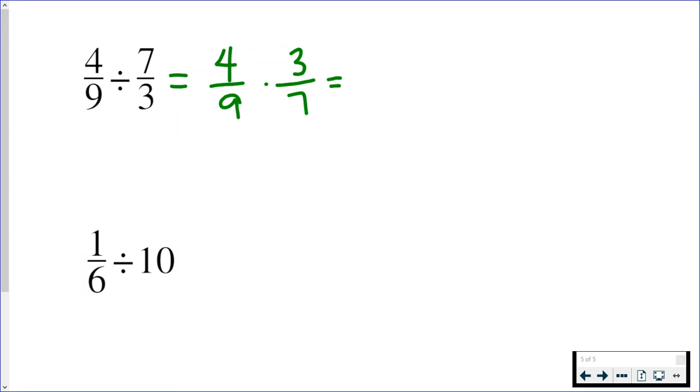So I keep 4/9. I change division to multiplication. I flip 7/3 and it becomes 3/7. And now I can multiply straight across. Again, if you're not comfortable with fractions, I would recommend just multiplying straight across whenever you can.